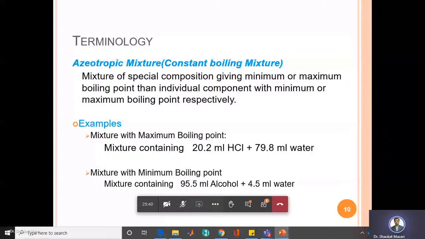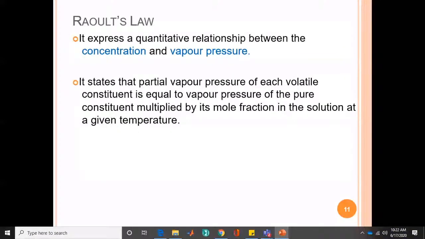Okay, a little revision of Raoult's law. It expresses a quantitative relationship between concentration and vapor pressure. It states that the partial pressure of each volatile constituent is equal to the vapor pressure of the pure constituent multiplied by its mole fraction in solution at a given temperature. How does this happen?